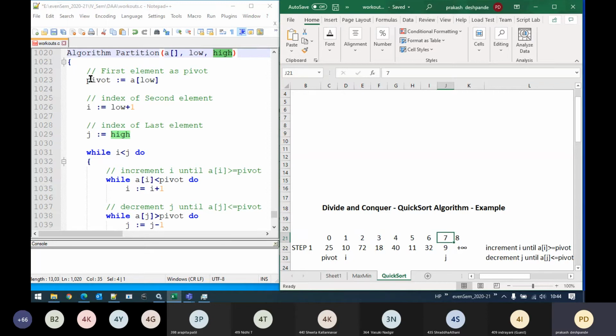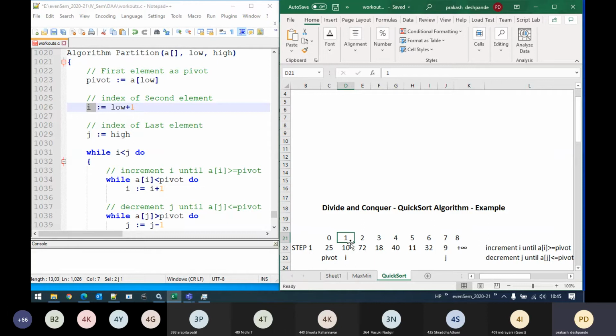Okay, now pivot element is set as a of low. A of low means what? When I represent pivot, you have to understand it as 25. That is the element, right? Then the second assignment is the index variable, that is i. I is set as low plus 1. When I say i, it means it is the index.